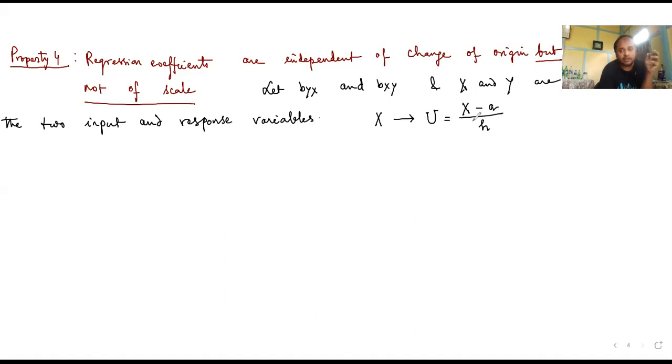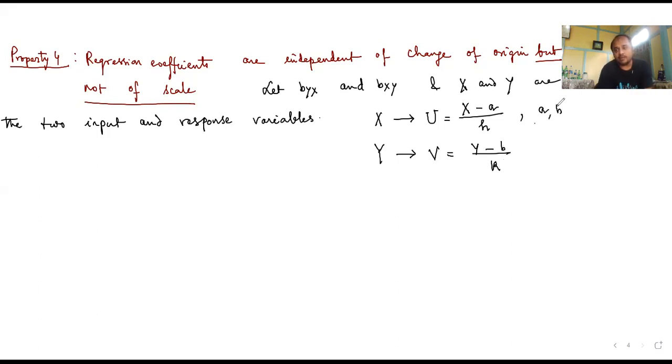When I divide by h, it is called the change of scale. I'm going to change the y variable in a similar fashion with the introduction of the constants b and k. So the origin is being changed to b and the scale is being changed to k.